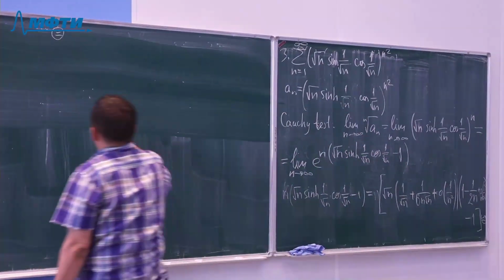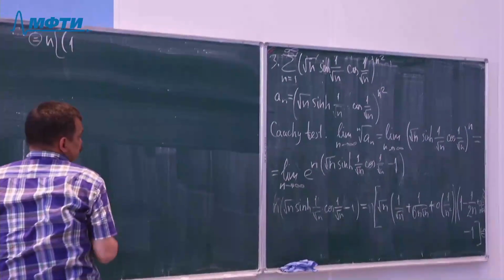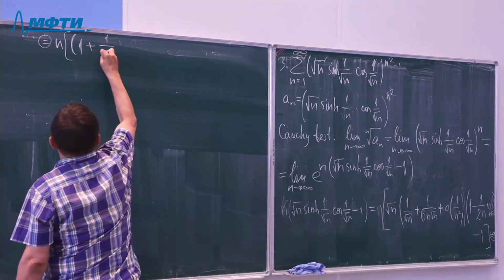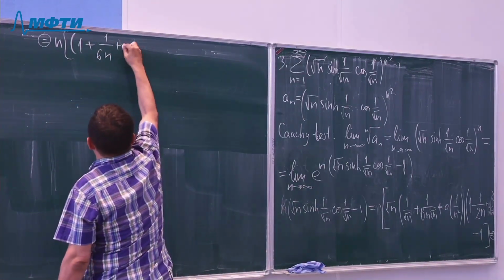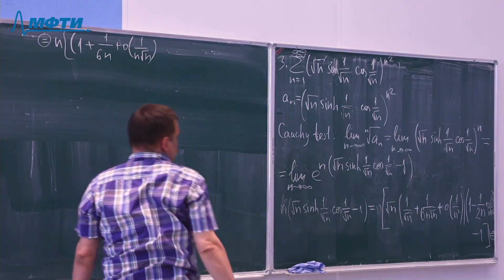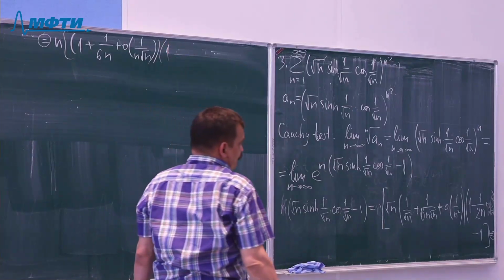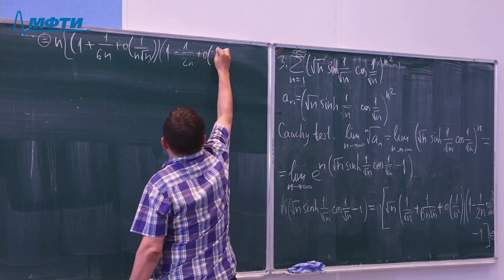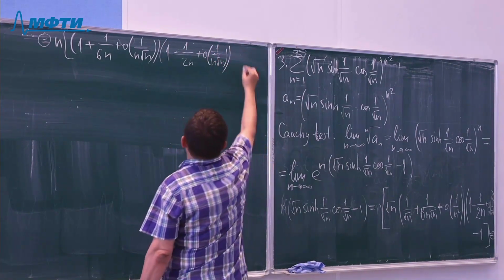It gives n times 1 plus 1 over 6n plus little o of 1 over n square root of n, times 1 minus 1 over 2n plus little o of 1 over n square root of n, minus 1.